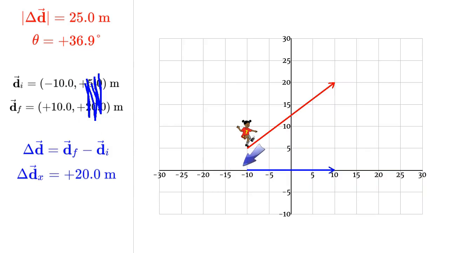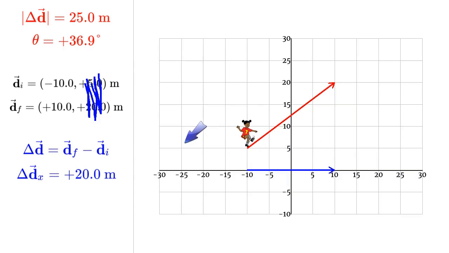So that's telling me that this blue vector here is 20 meters long, and it's in the positive direction. So if we ignore her y motion, which is across the field, and only look at her x motion, which is straight down the field, she's moving 20 meters basically down the field. We call this the x component of the motion.